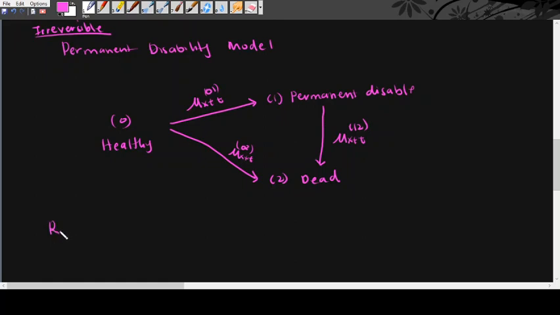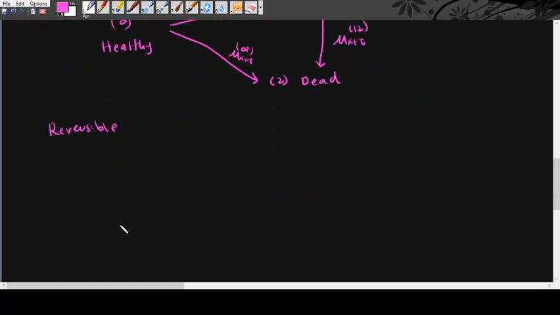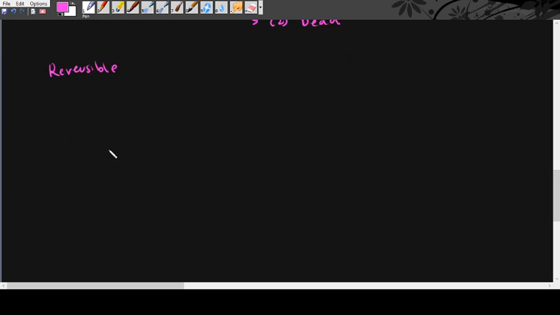Now let's look at reversible model. In the reversible model, the most common reversible model is disability income model.